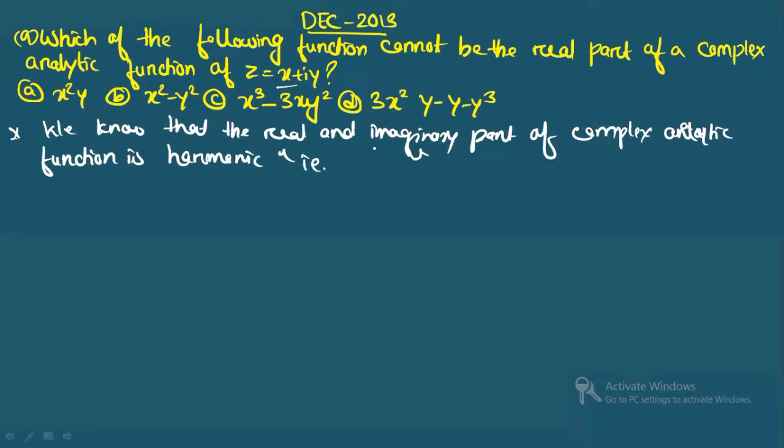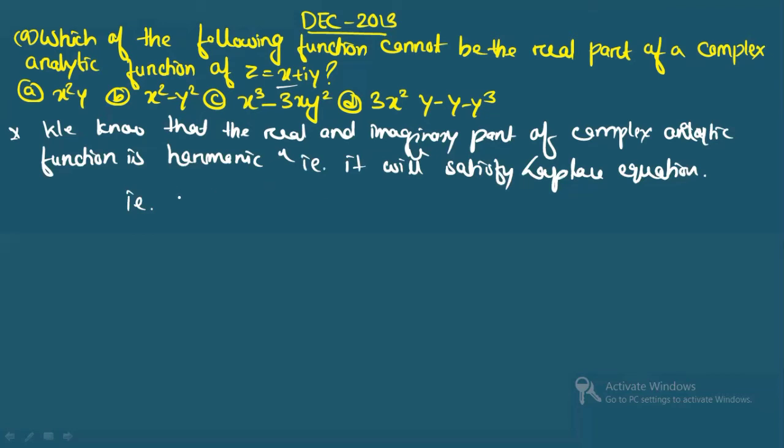If it is harmonic, that means it will satisfy the Laplace equation. So we will just use the Laplace equation. We will see whether it is satisfying or not. So out of these four, which will not satisfy, that is not going to be the real part.